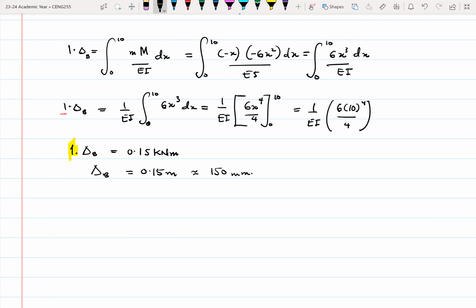Okay, so what this means is that B will displace vertically by 150 millimeters. Okay.